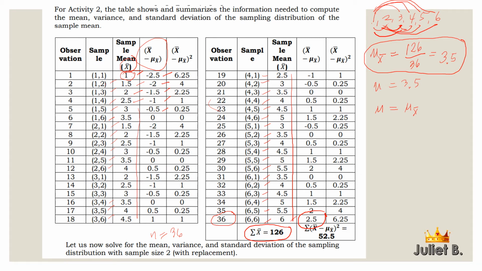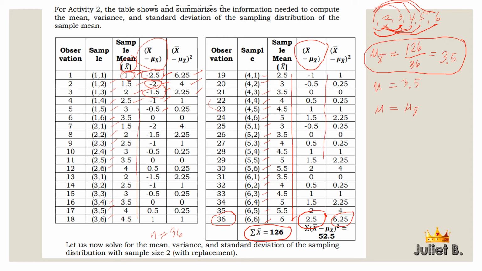After nyan, after ng column na to, i-square na natin yung mga nakuha natin. Negative 2.5 times negative 2.5, 6.25. Negative 2 times negative 2, 4. Negative 1.5 times negative 1.5 ay 2.25. Hanggang dito ulit. 2.5 times 2.5 ay 6.25.